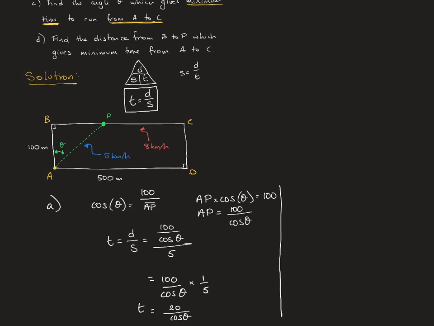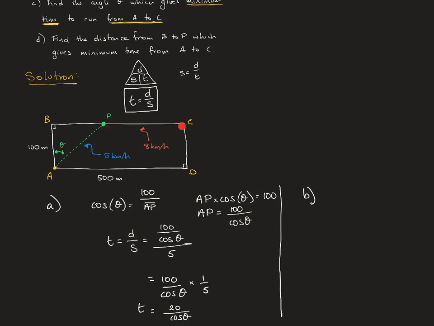So for part B, we need to find the time taken to run the rest of the way from P to C. So we know that they can run at 8 kilometers an hour, but we need to work out the distance from P to C. Now we know the distance on the equivalent side from A to D is 500 meters.